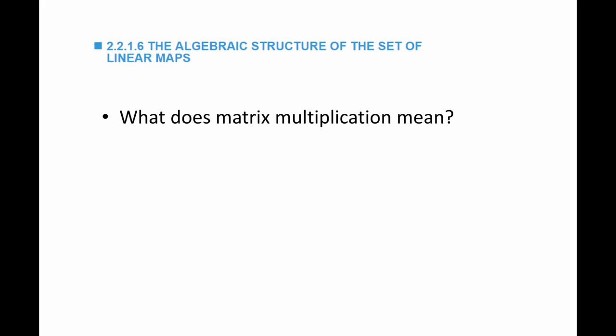So what does it mean that I multiply 2 matrices by each other? Let's look at what a matrix does. A matrix basically takes vectors, let's say from Rn, a vector U, and gives you a vector Mu in Rn.